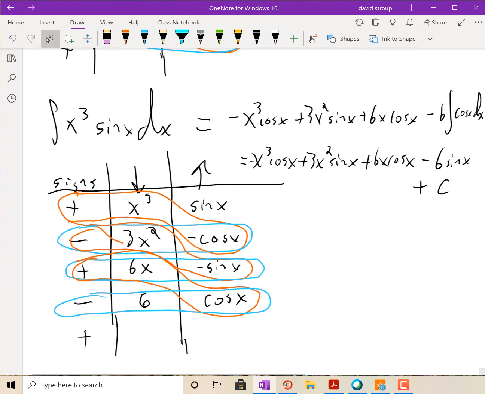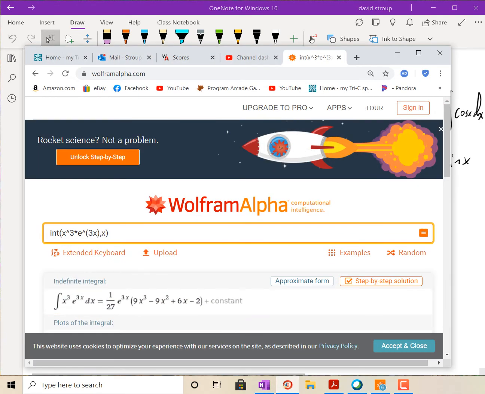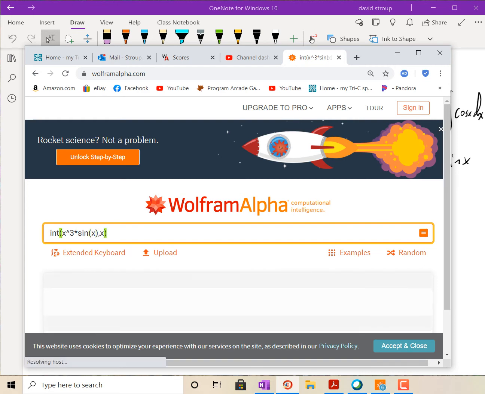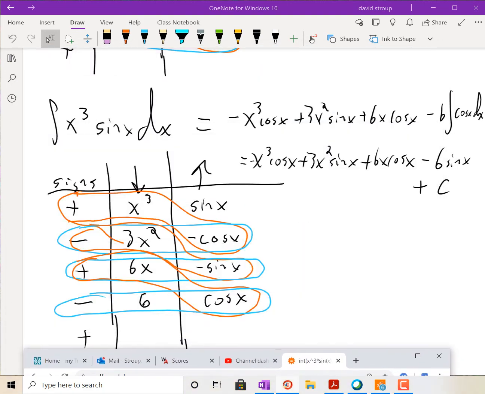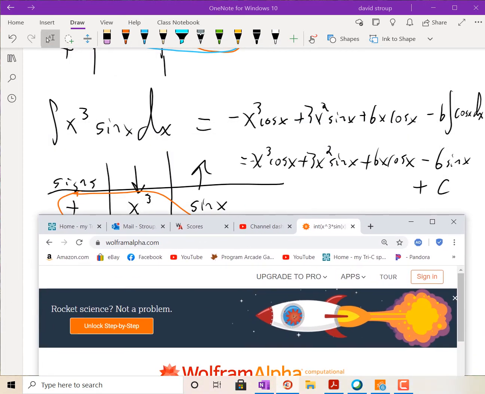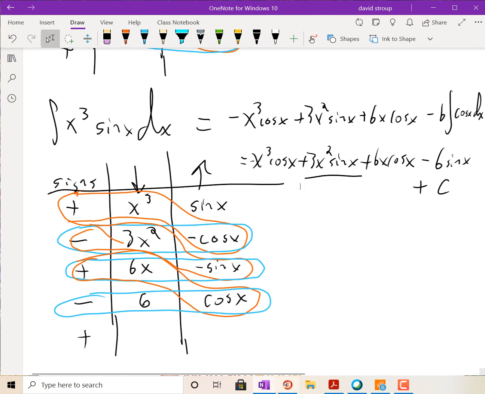Okay. Again, let's go and make sure. So we have x cubed sine x. It's 3x squared sine x. We should have one of those. 3x squared sine x is there.